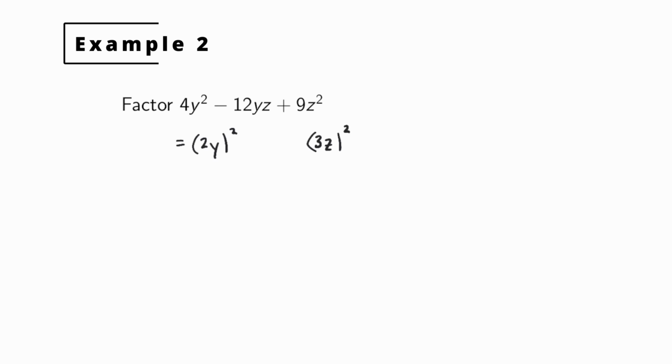And then all we have to notice is that the middle term, negative 12yz, right? That is in fact negative 2 times the product of 2y and 3z, right? 2y times 3z would give me 6yz. So negative 2 times 6yz would give me negative 12yz.